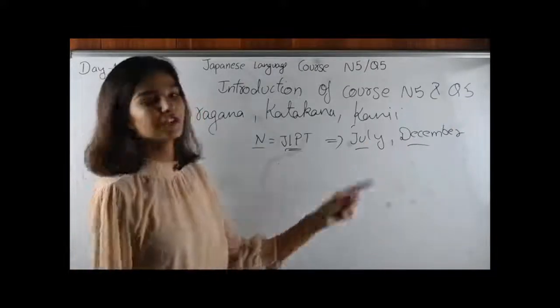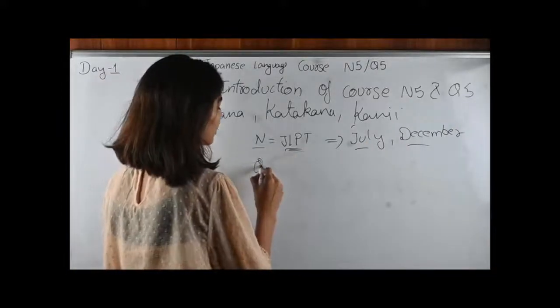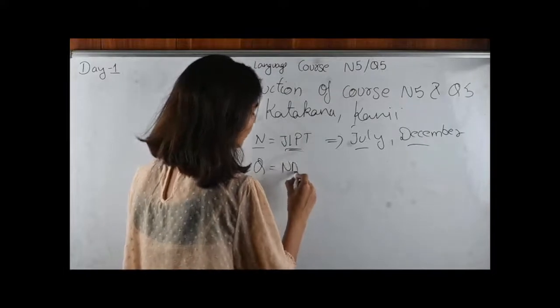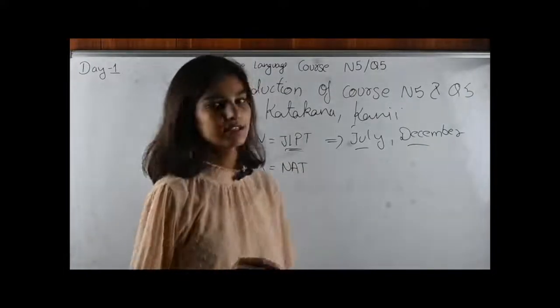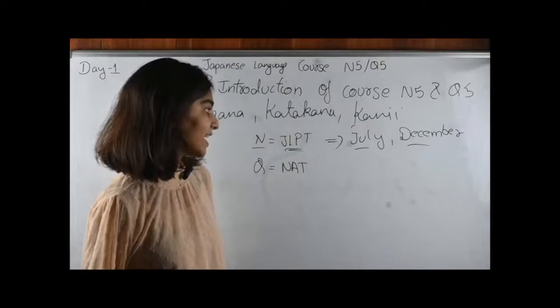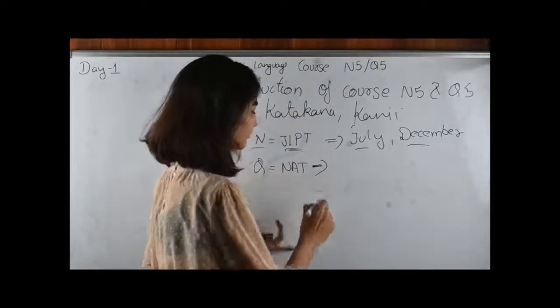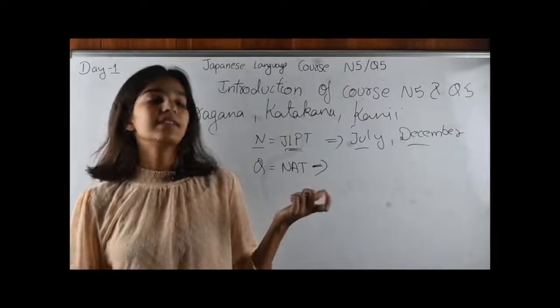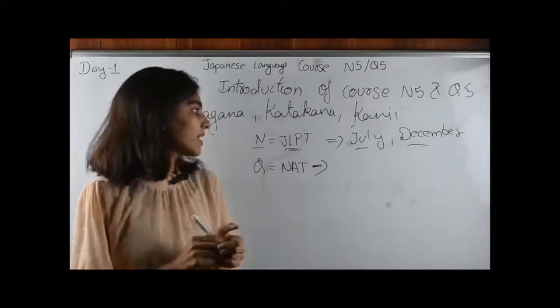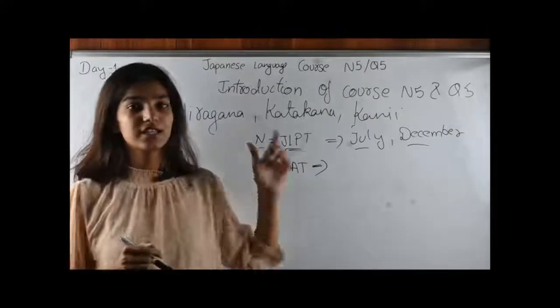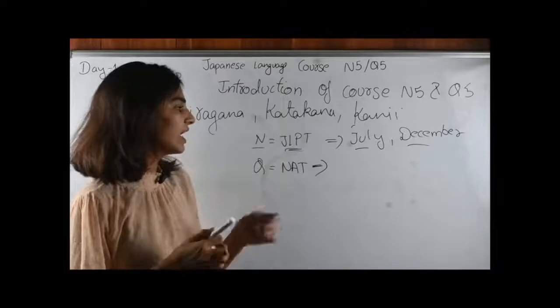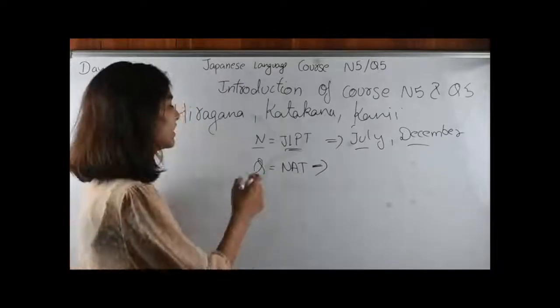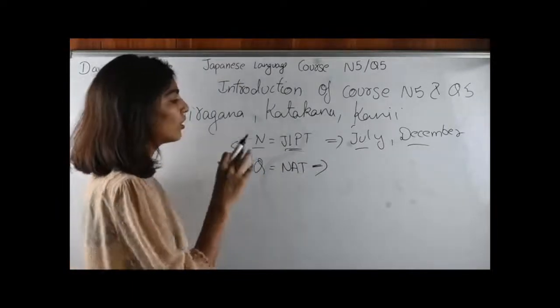N stands for JLPT. And now what is Q? Q stands for NAT, which is also a Japanese proficiency test. According to me, the more important test is JLPT because it is conducted all over the world.